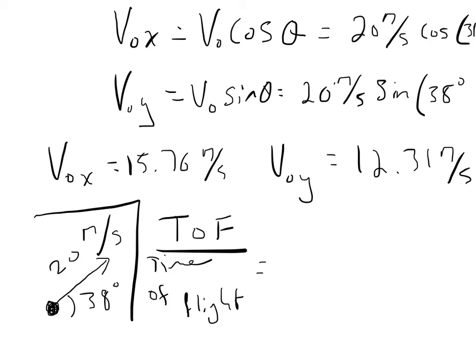Time of flight. Alright, so how long is it traveling? How long is it going to be in the air, right? How might I do that? We take x minus x naught, and then we do... Okay, well, yeah, if I want to know the time of flight, it's really only dependent on one velocity, isn't it? Which is the y component, correct?